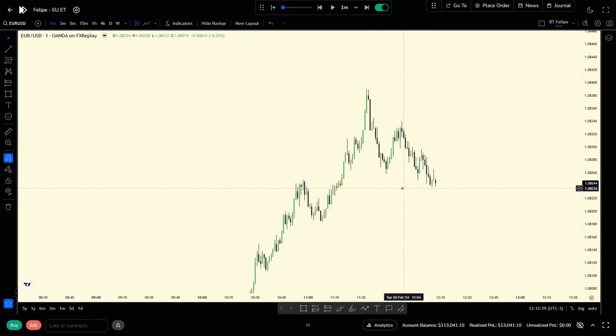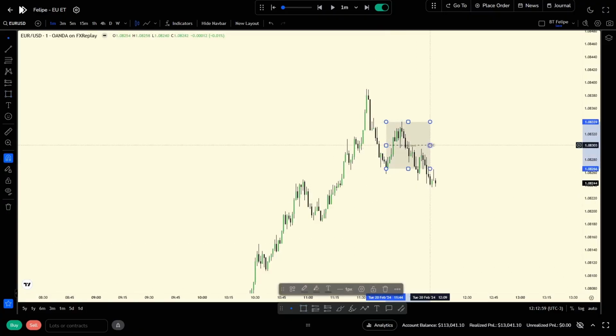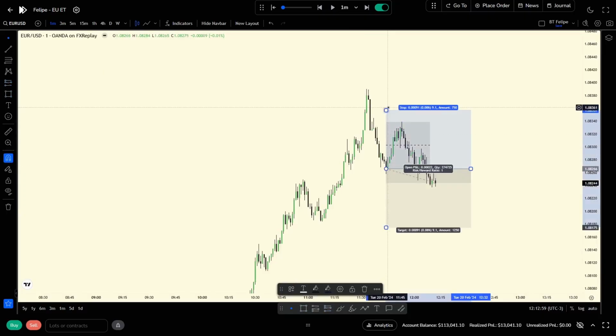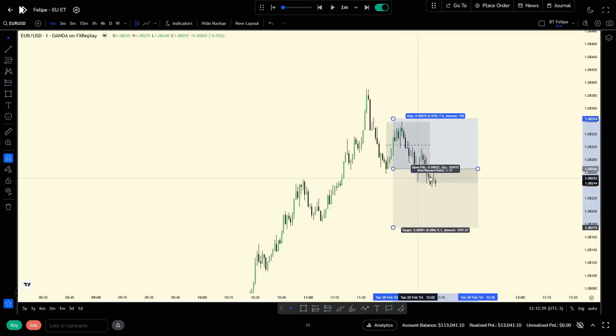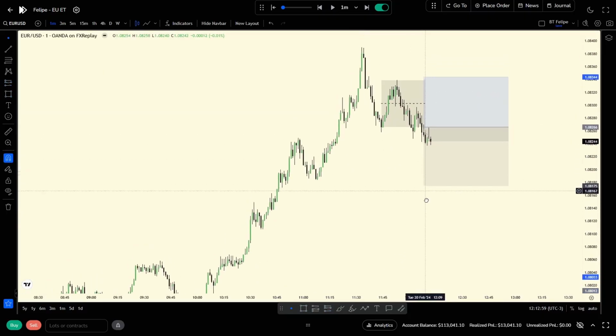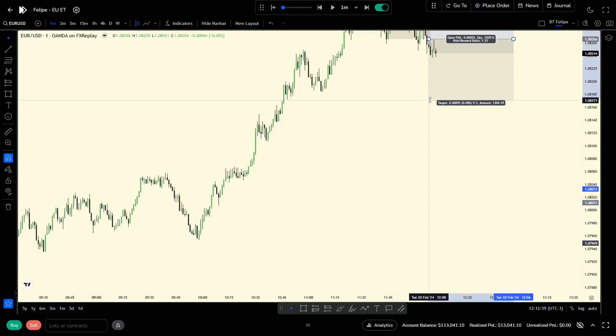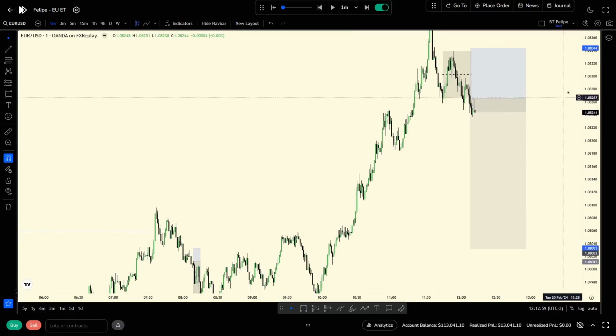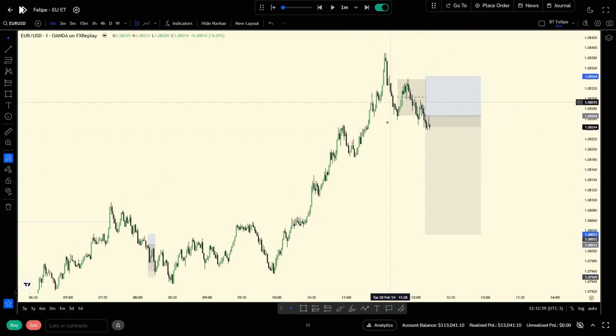It's kind of a big POI. I could maybe try. I'll try just because this push was very straight.